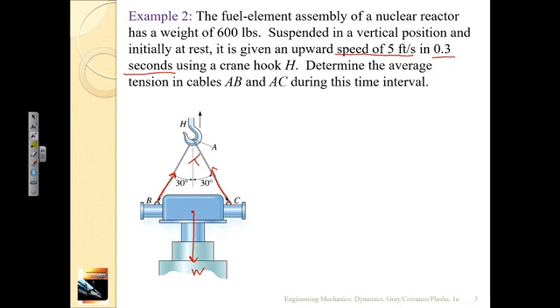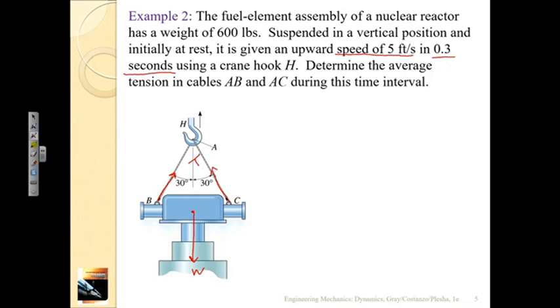Most of this info we have. So my mass, 600 pounds over 32.2 feet per second squared. Let's go from a weight to a mass. So that's a check.